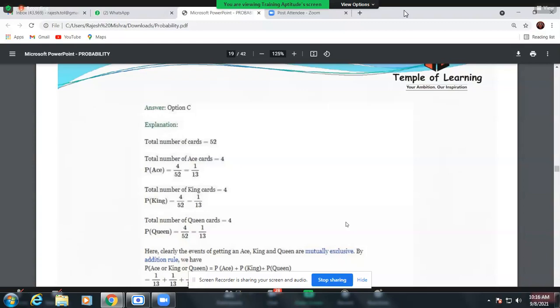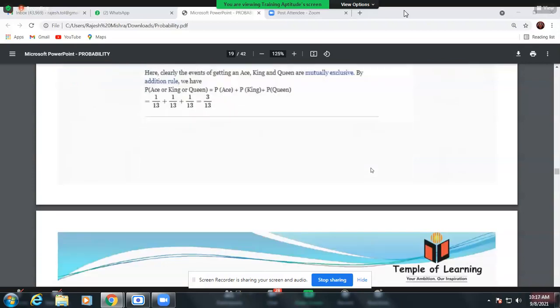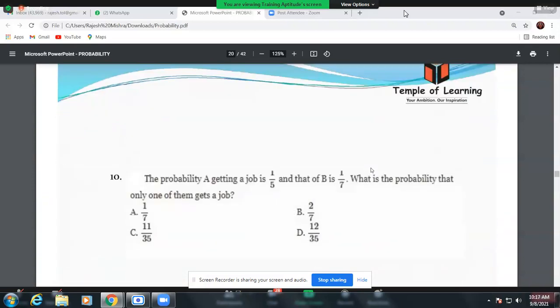Repetition has to be avoided. We'll talk about it. There are going to be questions which will come across. Yes, Akash and Vyom and Priyanka and everybody got it correct. 3 upon 13. Is this okay, students? All of you? All right. Let's move to the next question.